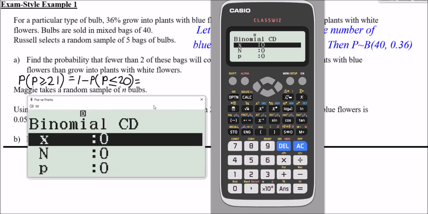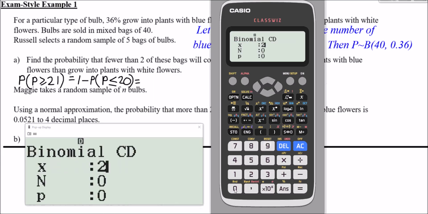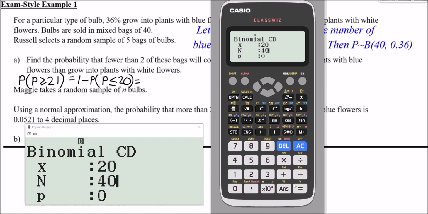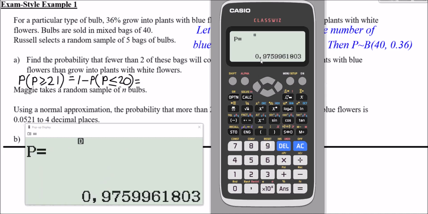We want the probability of 20 or less out of 40 flowering into blue flowered plants. The proportion of those with blue flowers is 0.36, so we type 0.36 in, and we get 0.97596 and so on. So we need to do 1 minus this.